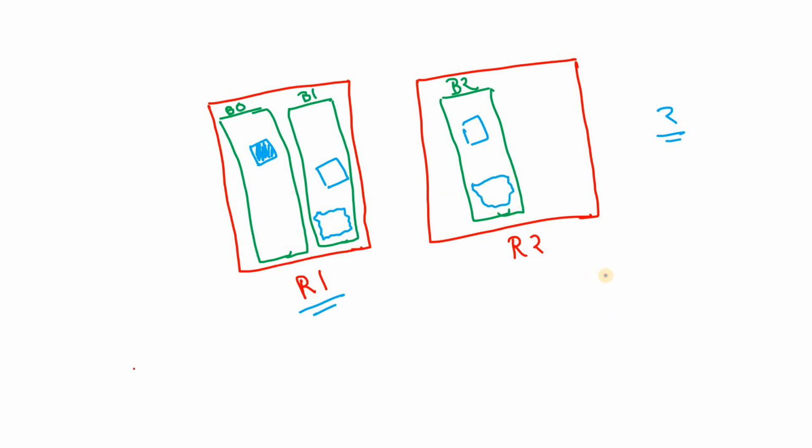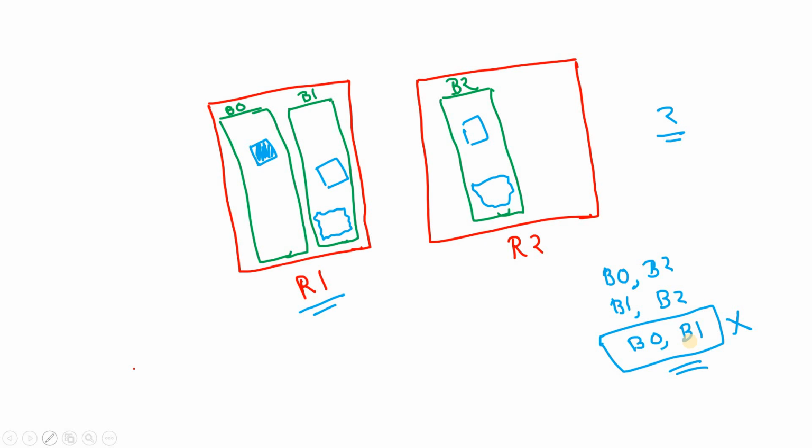So what are the possible combinations? If a partition is available in B0, the replica can be created in B2. If a partition is available in B1, the replica can be created in B2. But if a partition is available in B0, the replica will not sit in B1. This scenario will never arise because of Kafka's rack awareness.